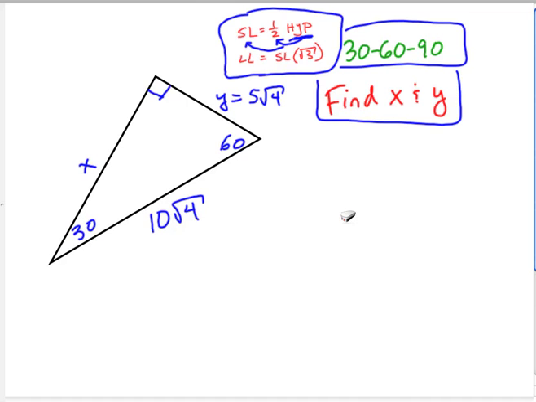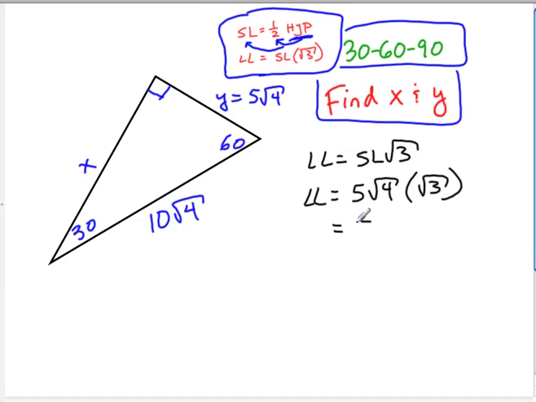Okay, so now the long leg is the short leg times the square root of 3. Square root of 4 times square root of 3 is square root of 12. Wonder if we could simplify that.